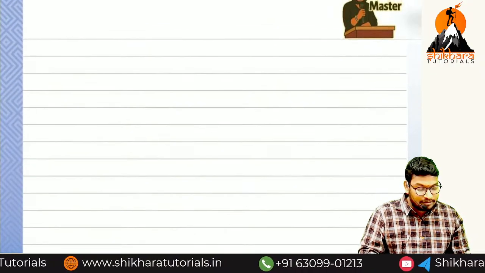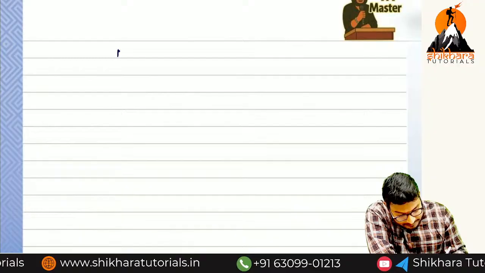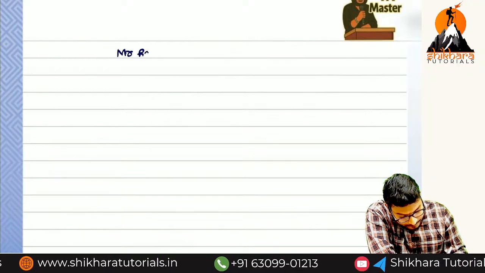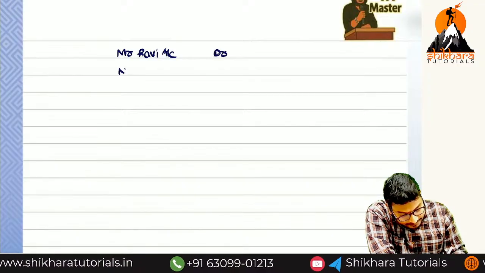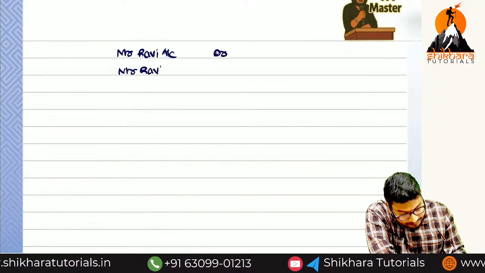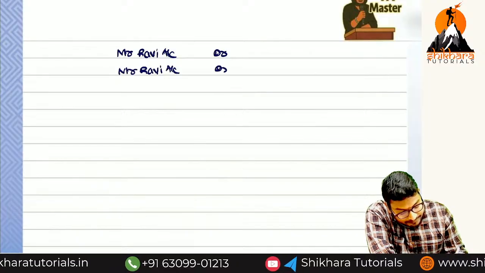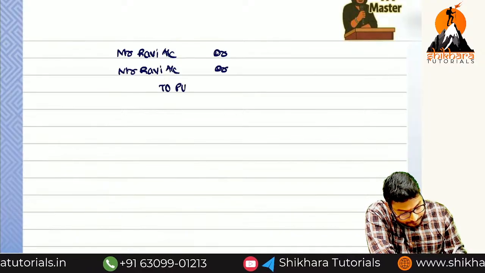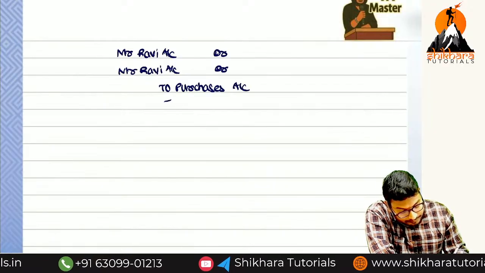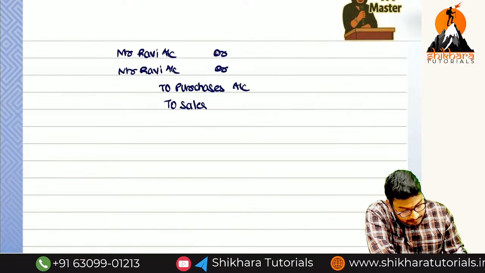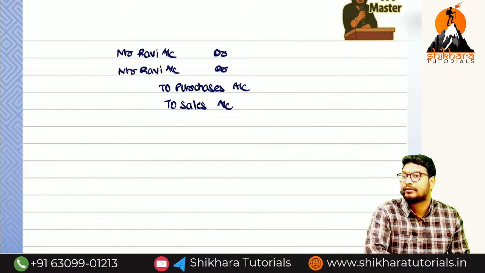Okay. What is the normal entry we need to get? Mr. Ravi account debit, and again Mr. Ravi account debit to purchases account, to sales account. This is how, yes or no?